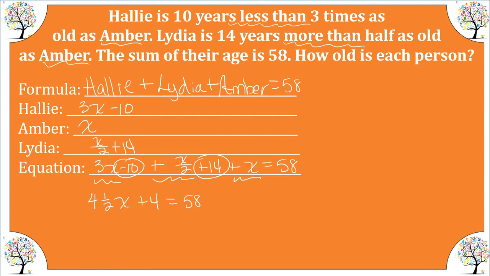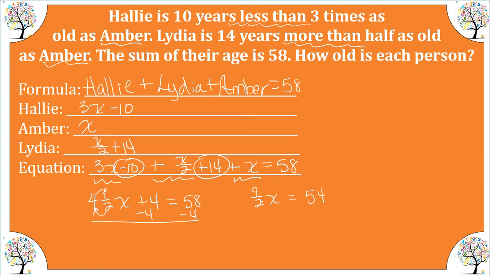Okay, now we are going to subtract out 4 first. We're going to subtract 4 from both sides. This is going to give us, I'm going to go ahead and convert this to an improper fraction. 2 times 4 is 8 plus 1 is 9. So I have 9/2 X equals, and the 58 minus 4 is 54.